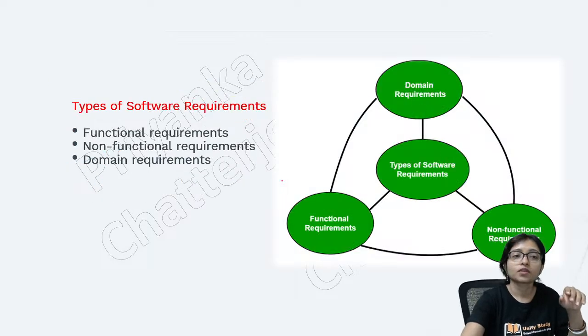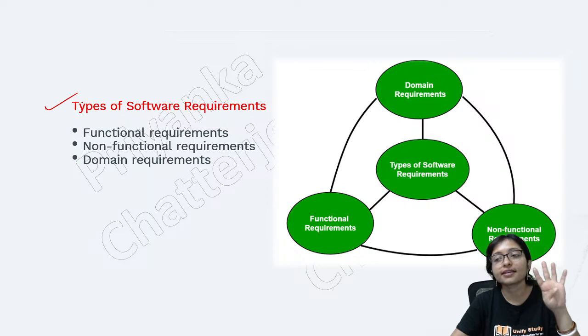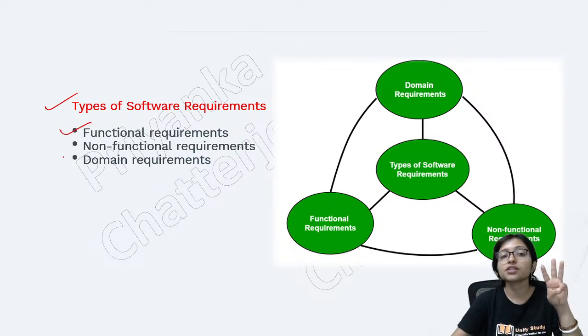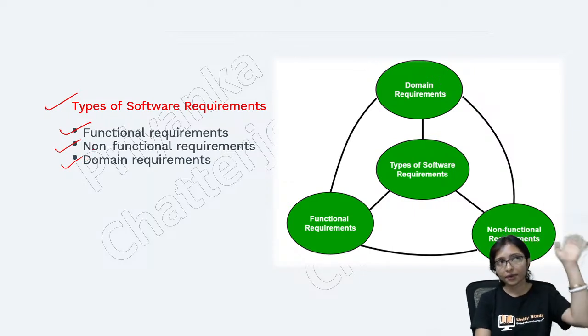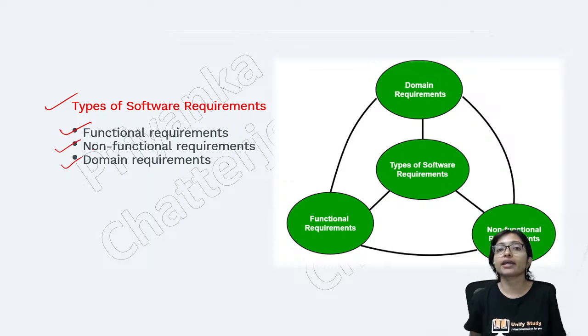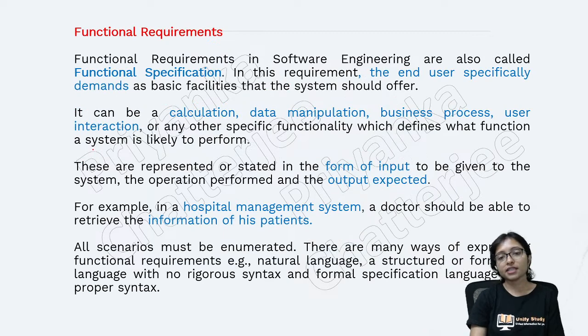Everything should be there. Here we are dividing software requirements mainly into 3 parts: functional requirement, non-functional requirement, and domain requirement. These are the 3 types of requirements. Previously you learned the 4 important tasks, and these are the 3 important types of software requirement. What is functional? Functional means related to functionality.